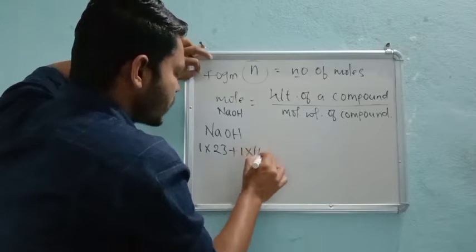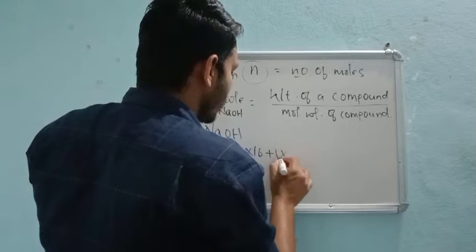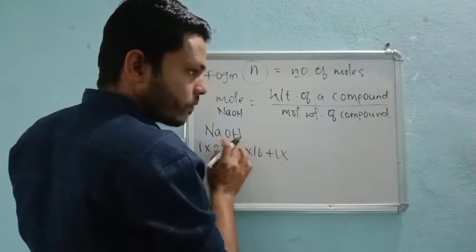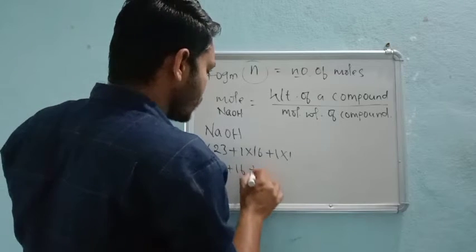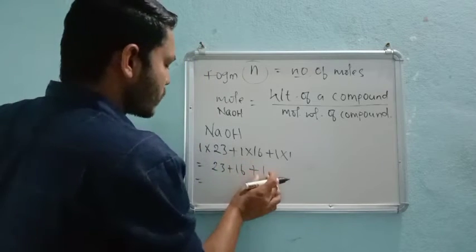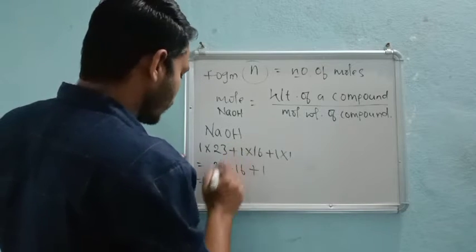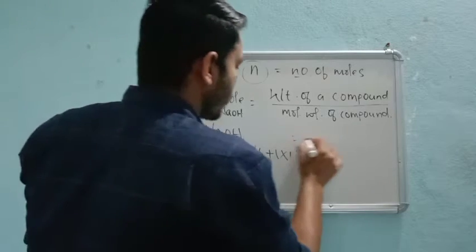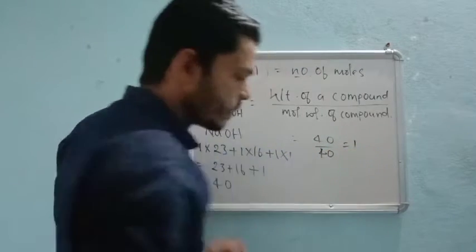So oxygen molecular weight is 16, plus 1 into how many hydrogen? 1 hydrogen, 1 into 1. So 23 plus 16 plus 1 into 1. So that is 40. 40 divided by 40, what we said in yesterday's class, 1.